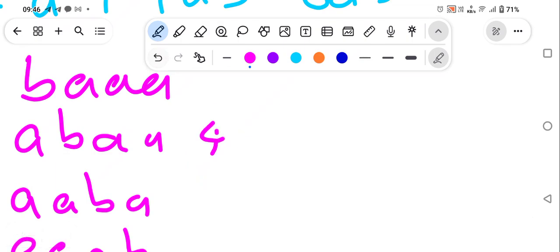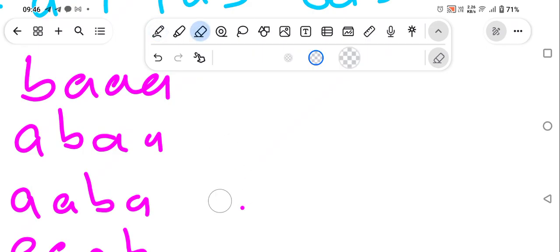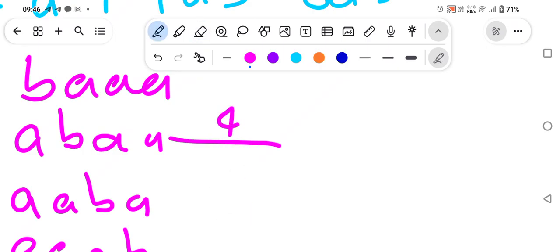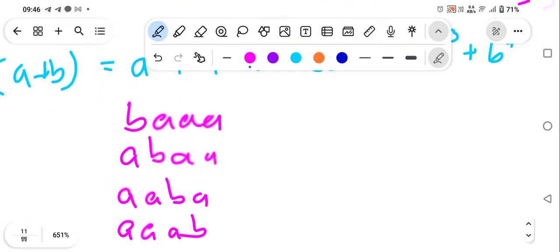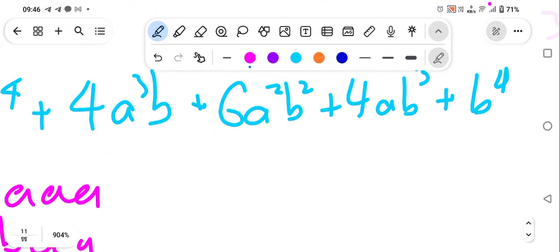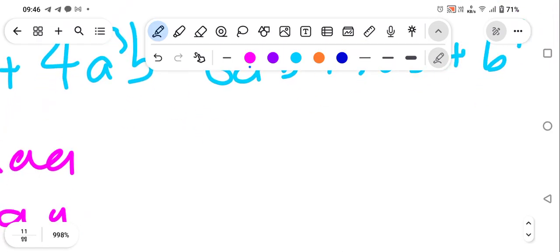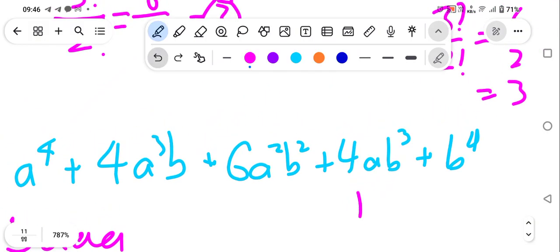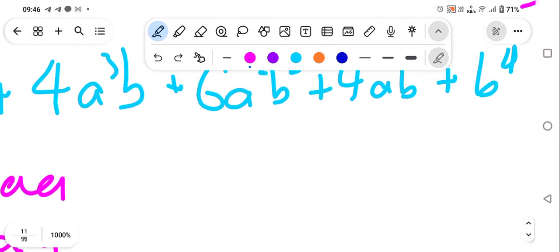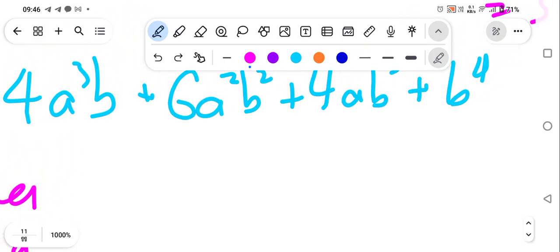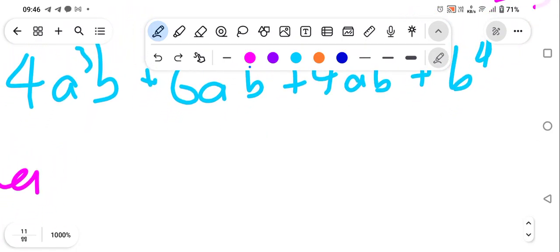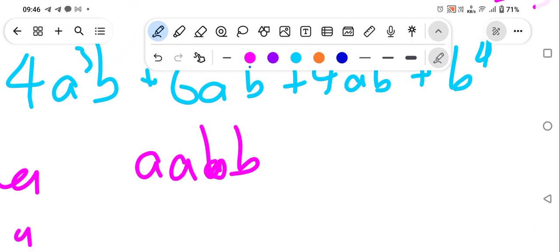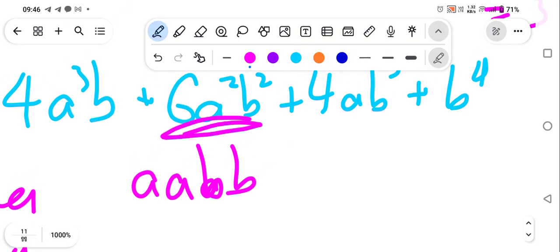This is similar to 4 factorial over 3 factorial. Now the 6a squared b squared. The reason why 6 exists here is similar to what we have in the ab, but it's a square. Let's discover all the 6 combinations: AABB, and so on.